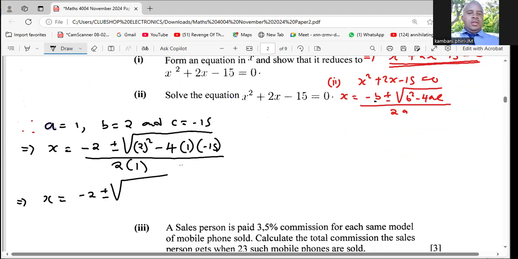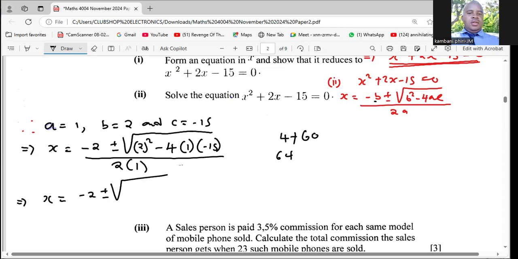So you work out what is in the brackets and see what you're going to get. 2 squared is 4 plus 4 by 15, that is 60. So this will give you 64, right? You can use your calculator directly.